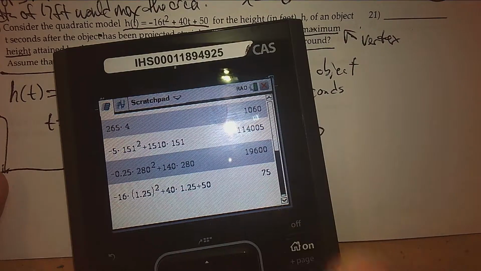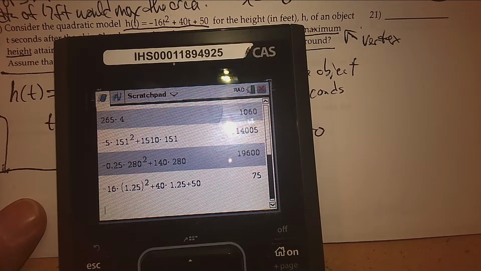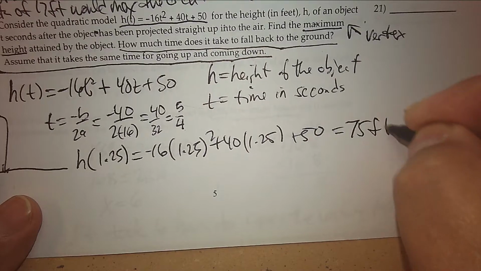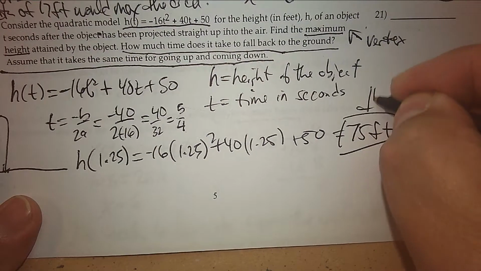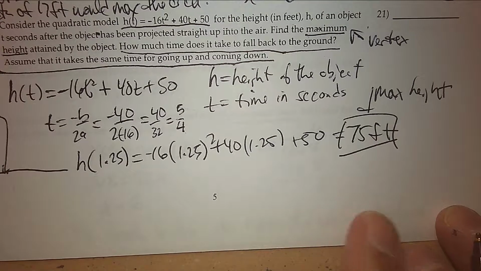So if I plug in 1.25, the answer is 75 feet. So what's the maximum height of the object? And you found it by using the vertex.